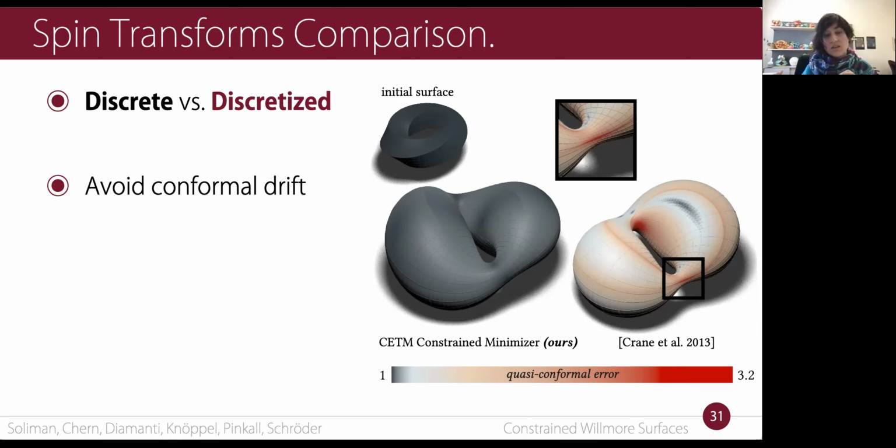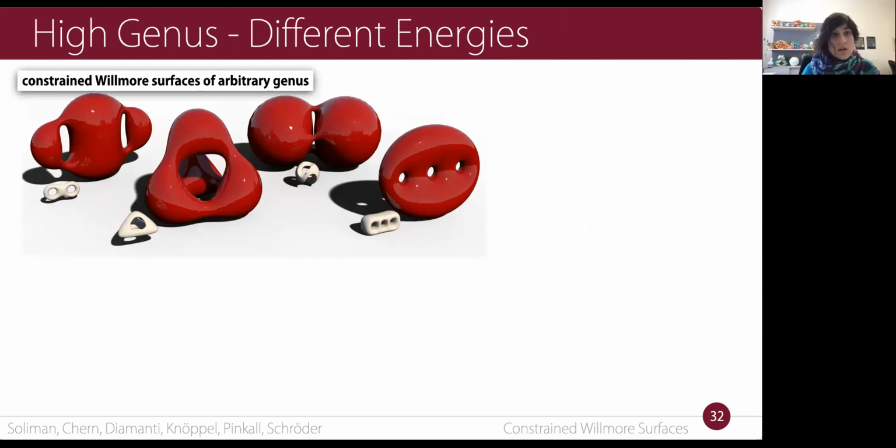And what we found is that this tends to accumulate numerical error, and this means conformal drift, especially in the case of tori with a lot of twists present, very non-square fundamental domains. And this is what this slide is showing. It's showing the quasi-conformal error for these two methods. And you can see that our method doesn't have this issue of conformal drift. So you can preserve the conformal class exactly, and you can verify it with optimality conditions.